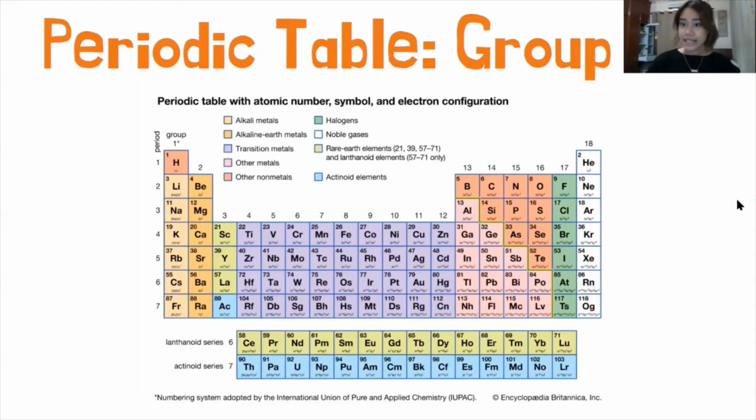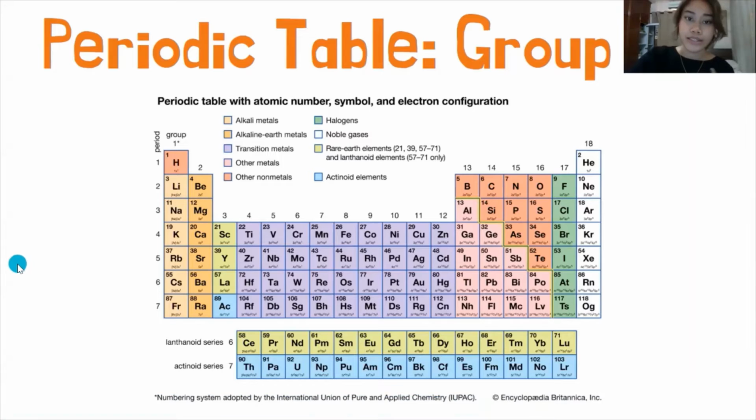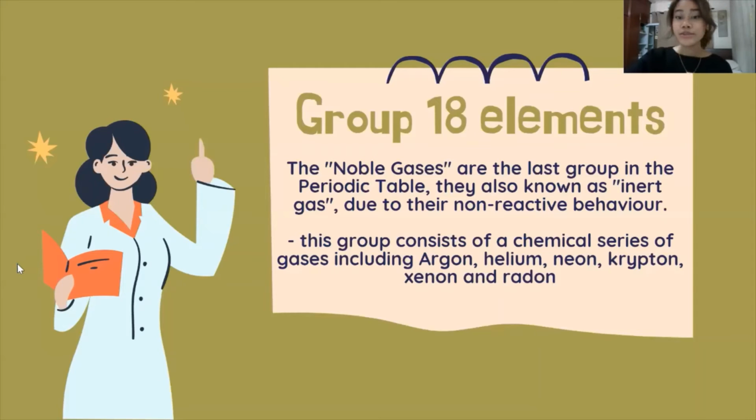As we can see here, this is the periodic table, and group 18 is the last group, also known as the noble gases. This group consists of a chemical series of gases: helium, neon, argon, krypton, xenon, and radon.